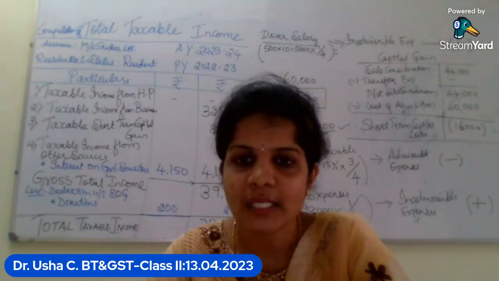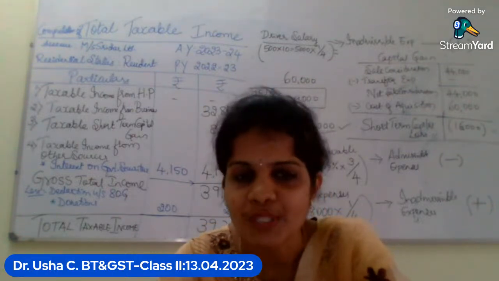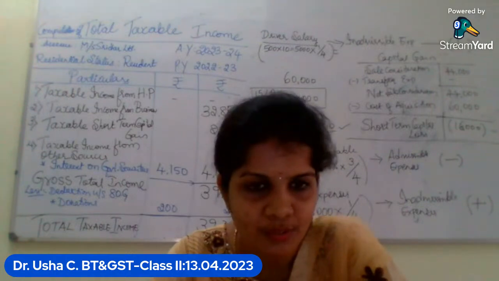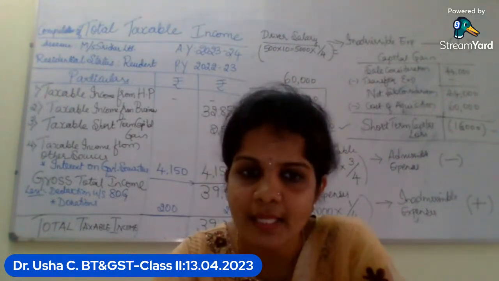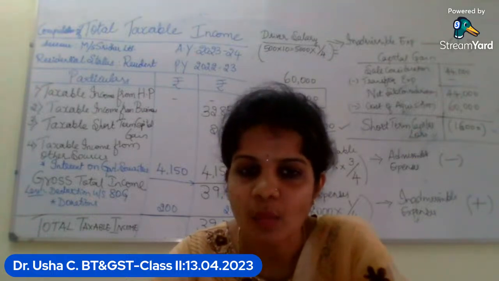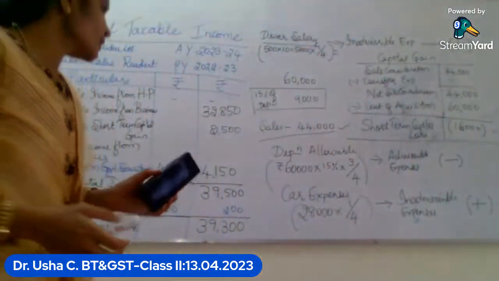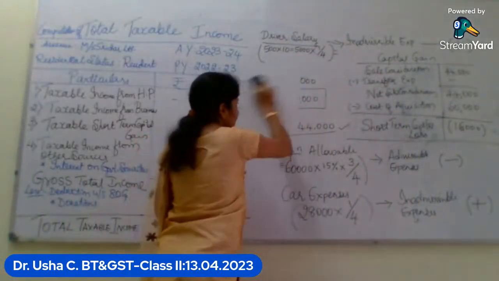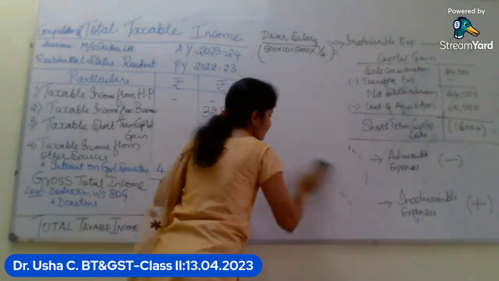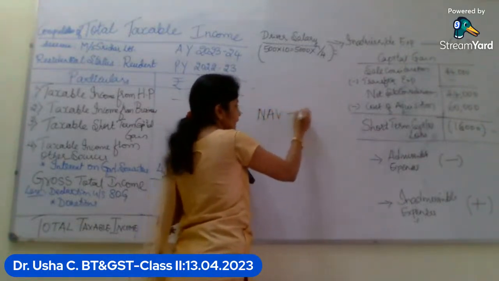What is the gross annual value now? It is 36,000. Municipal tax paid information is also not given, so this amount will be the same as the net annual value, the NAV of 36,000.